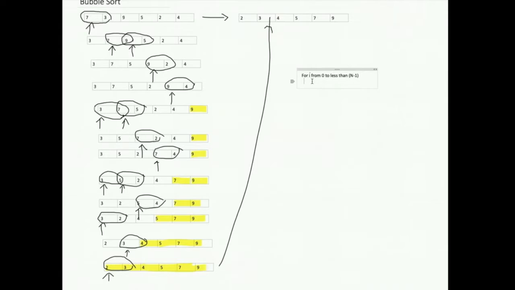Then I'm going to have another for loop for j from 0 to less than n minus i minus 1.